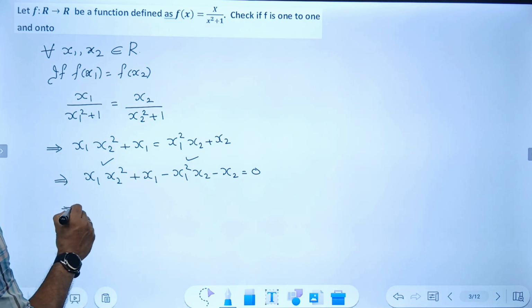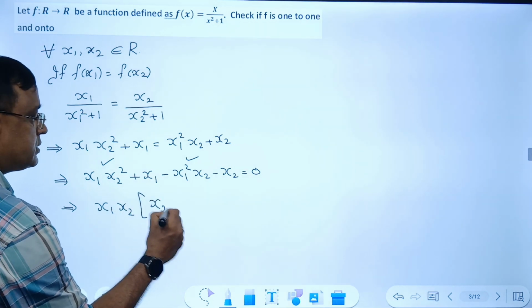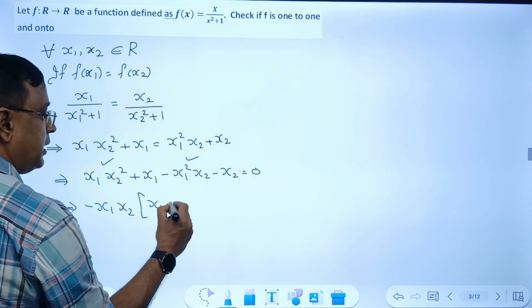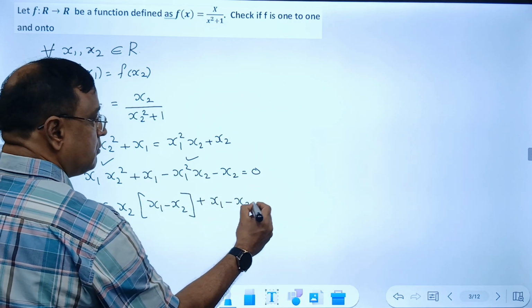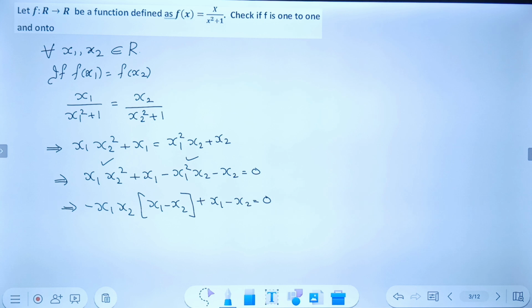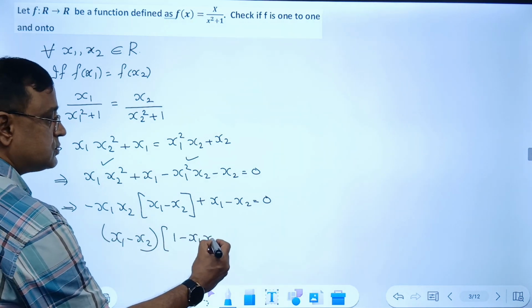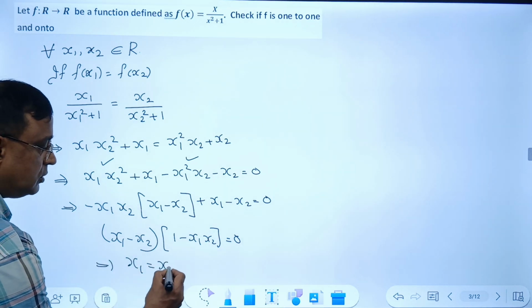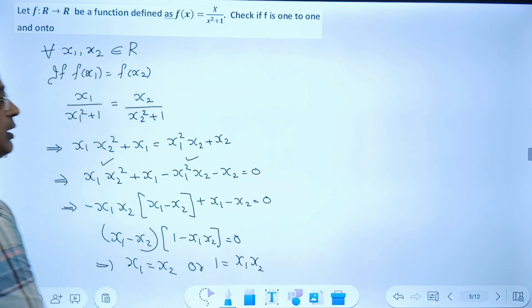Here x1 x2 is common, so I take x2 and, taking minus outside, I get x1 minus x2, and I can write this as x1 minus x2 equal to 0. Now clearly x1 minus x2 is common, so I'm left with 1 minus x1 x2 equal to 0. So what is the option? So x1 can be equal to x2, or there's another horrible thing. What is that? You can have x1 x2 equal to 1.